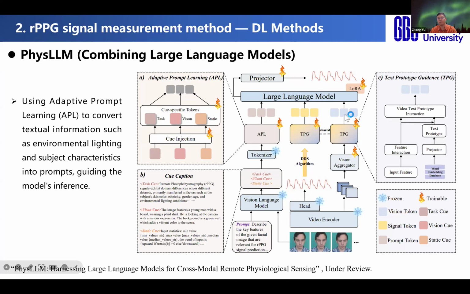We put these three kinds of features into the large language model and do LoRA tuning. And finally, we do the prediction. In this framework, even when we cross-test in an unseen domain, we can still get very rich knowledge about this new target domain, so that they can generalize better.